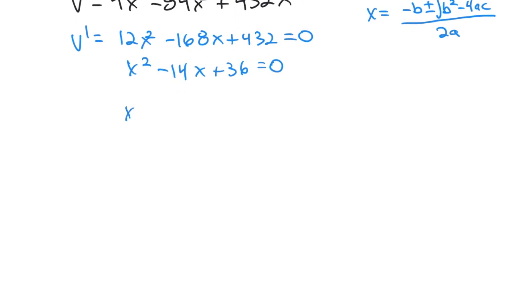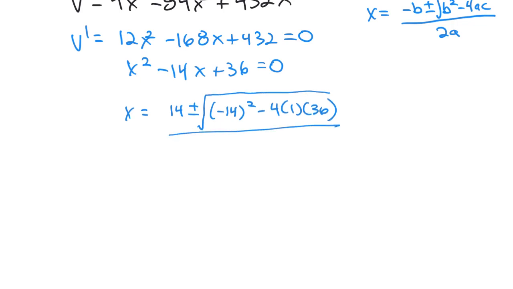We will get x equals negative b plus or minus the square root of b squared minus 4ac, over 2a. If you haven't done this in a while, one thing I'll mention is that b squared is always going to be positive. So don't just punch in negative 14 squared in your calculator, because you're going to get the wrong answer.